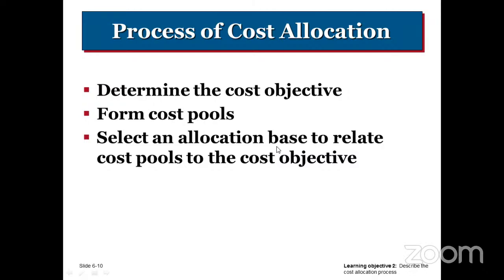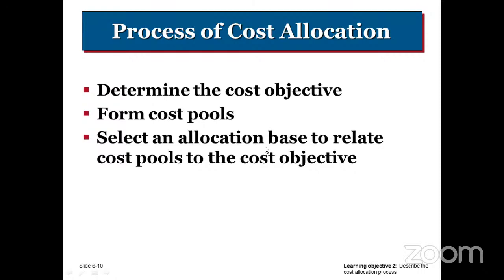You must know how to allocate the cost. That's why we work out the allocation base. Very simple: say washing machines, it's based on the number of output, the number of products. So that will be your allocation base. The units produced is the base you want to charge out the cost.